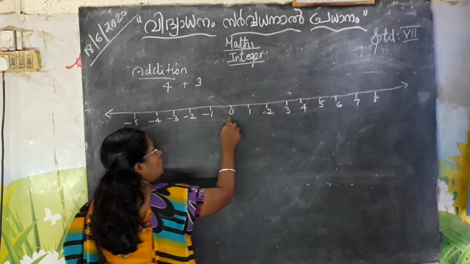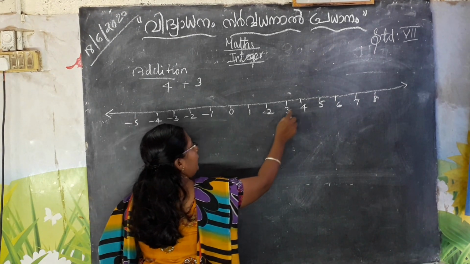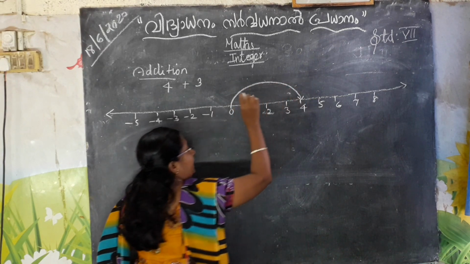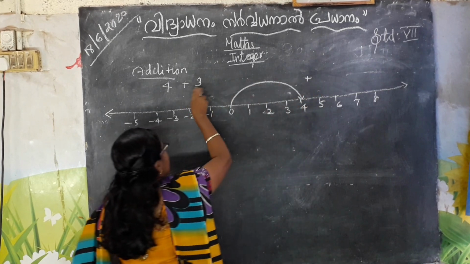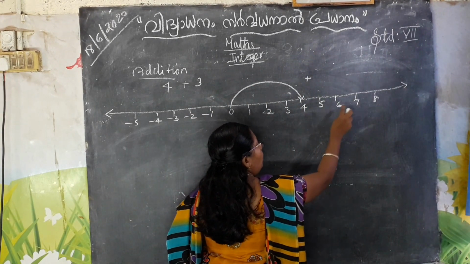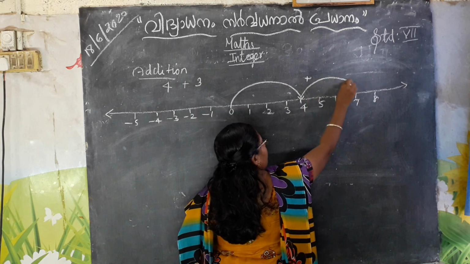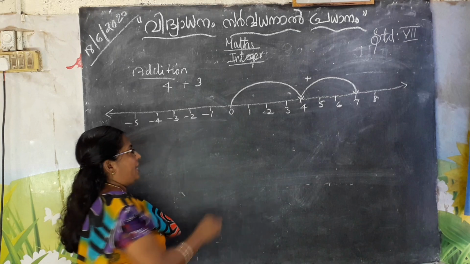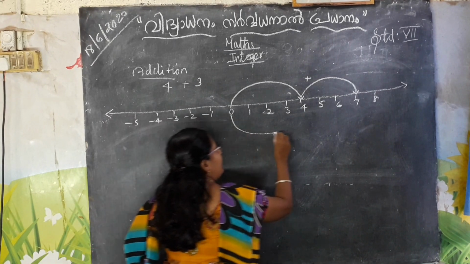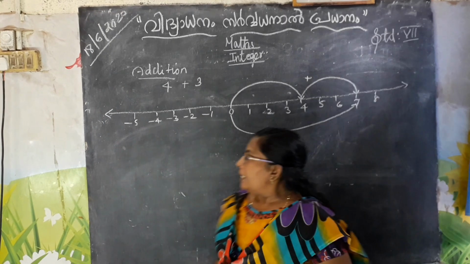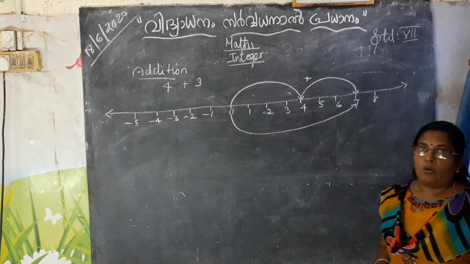We take 4: 0, 1, 2, 3, 4. Then add the next, 3: 0, 1, 2, 3. Now where is it? At 7. 4 plus 3 is 7. In the number line, how to draw?